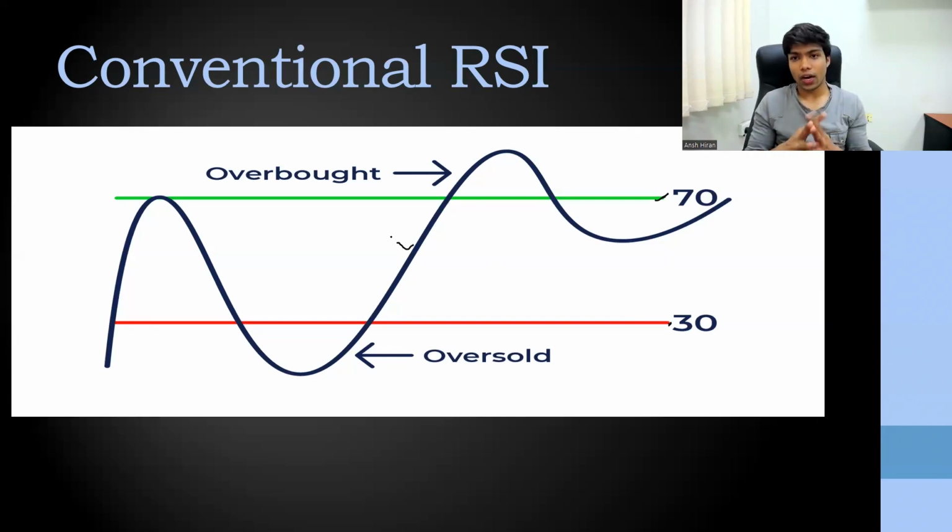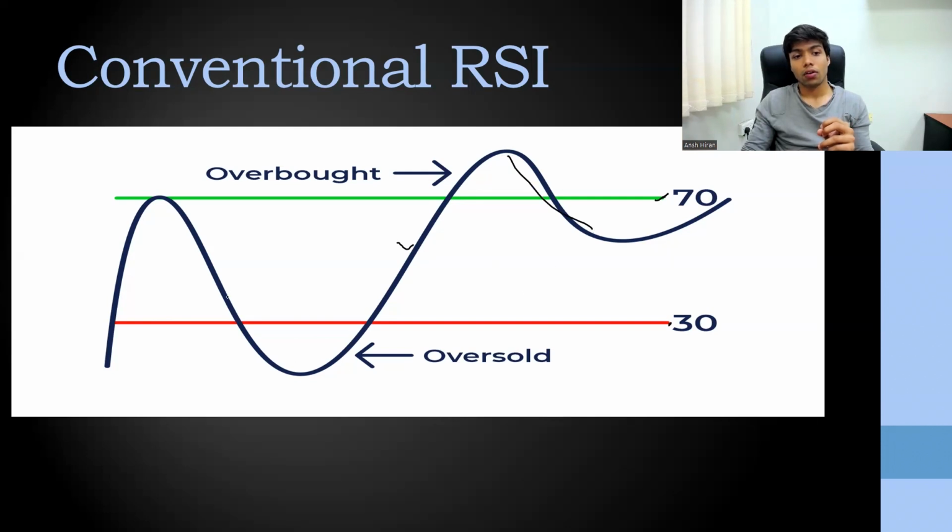The conventional way to look at RSI is that whenever the RSI line goes above 70, that means the market is overbought. Overbought means people will start selling because they don't have the money anymore. It is overvalued, overbought. They will start selling it. The market will go down.